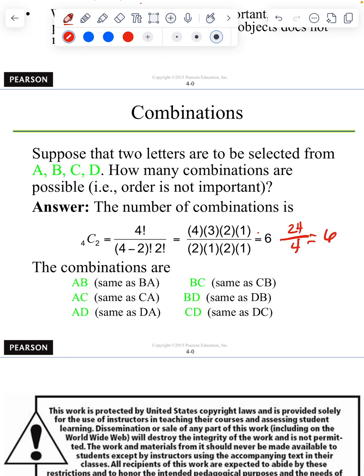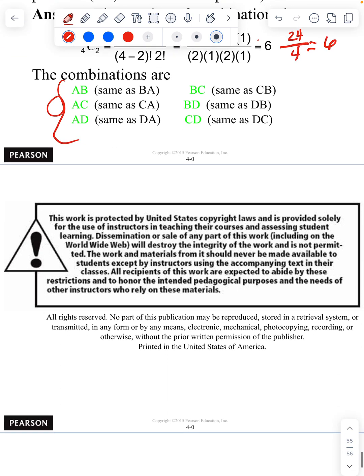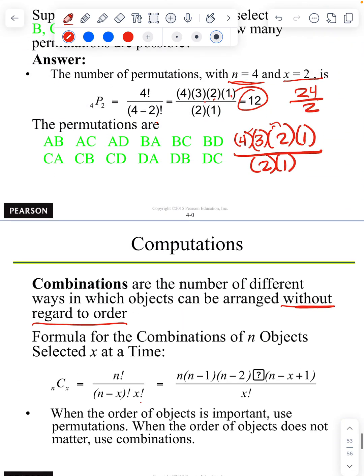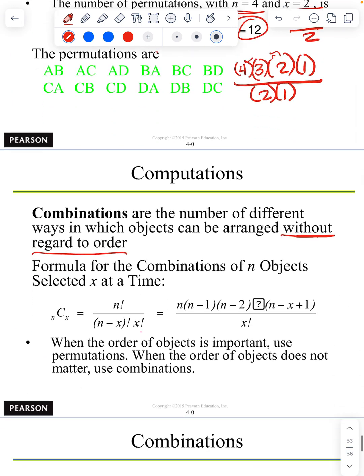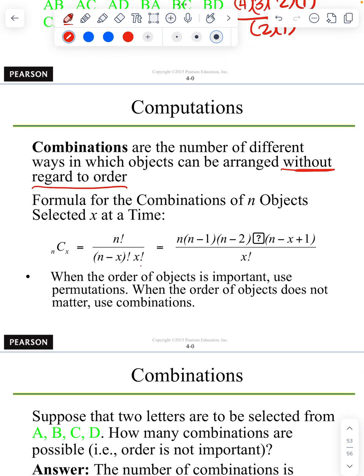So here the combinations would look like this. The biggest takeaway here is that with permutations, order matters, and with combinations, it's without regard to order.